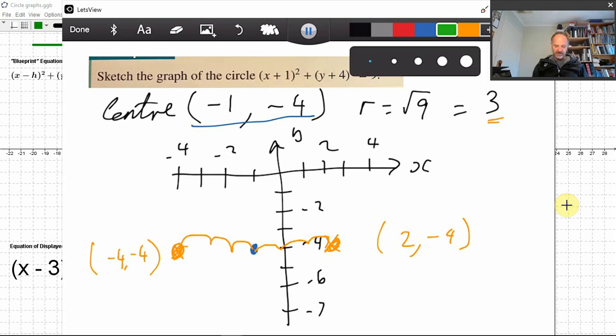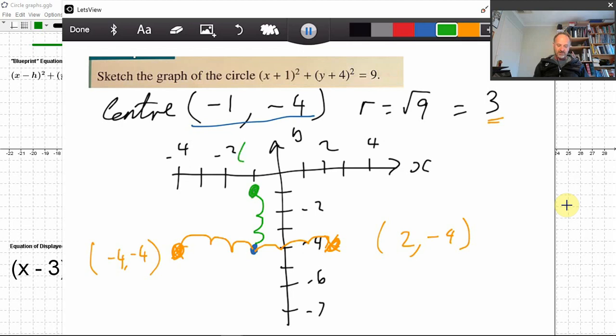I can also go up 1, 2, 3 to end up there, which is -1 and -1. And I could also go down 1, 2, 3 and end up here, which is at -1 and -7.